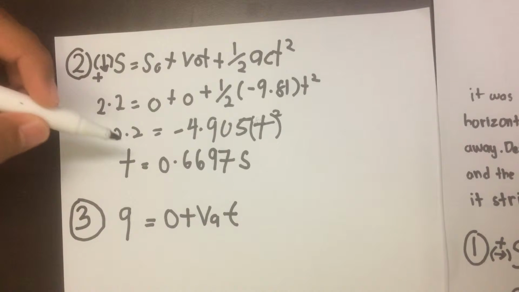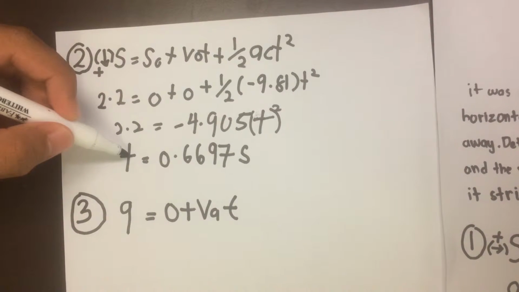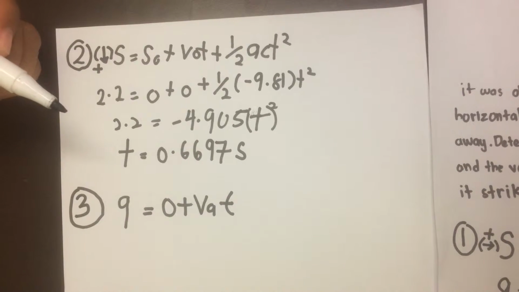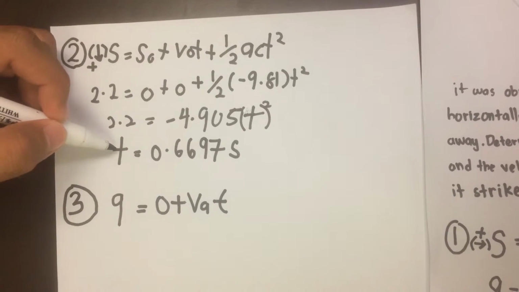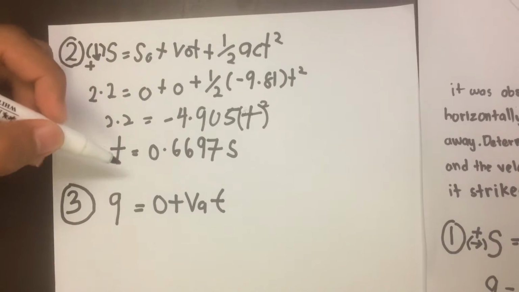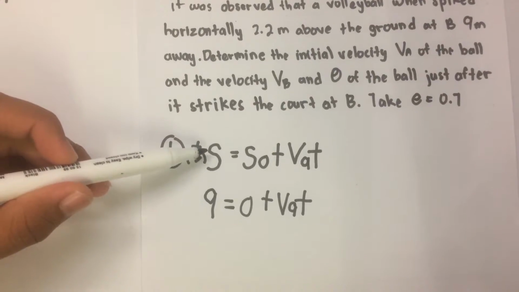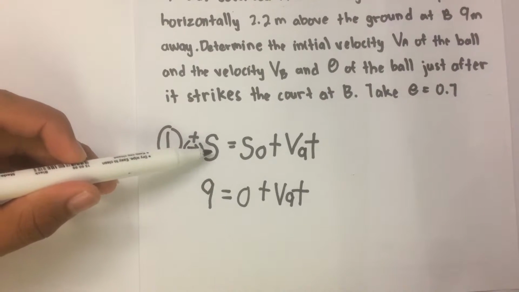After we get the value of time, for the third step, we put the value of time into the equation that we got from the previous equation.